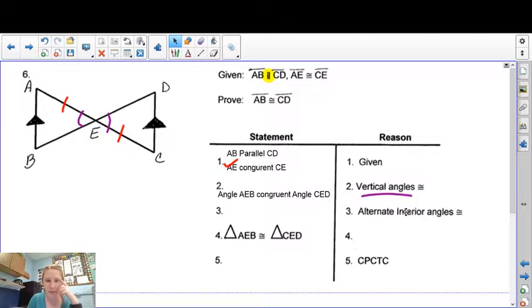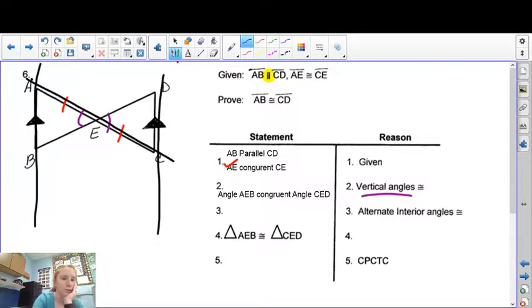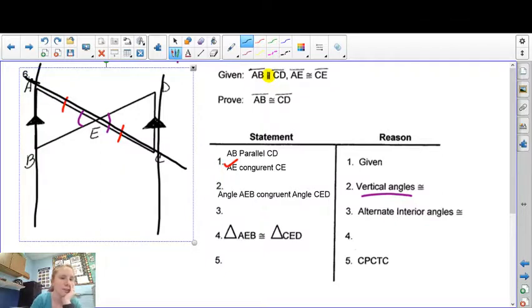Alternate interior angles. So I'm trying to figure out how I could do this without physically moving everything. Okay, that's not gonna work. I'm just gonna have to draw over it. Remember when we talked about parallel lines and a transversal, and it cuts it, and I have alternate interior guys that are congruent.